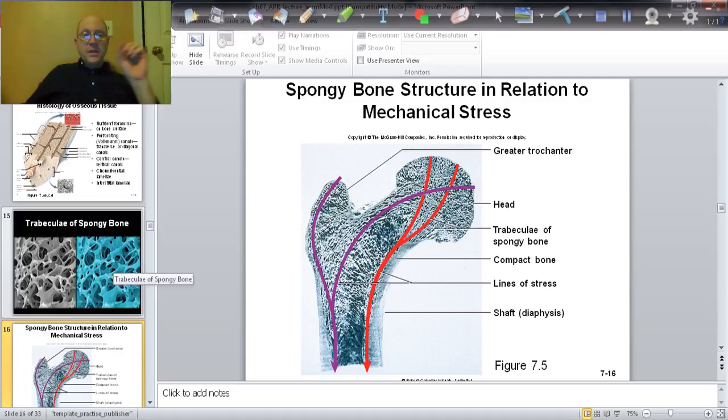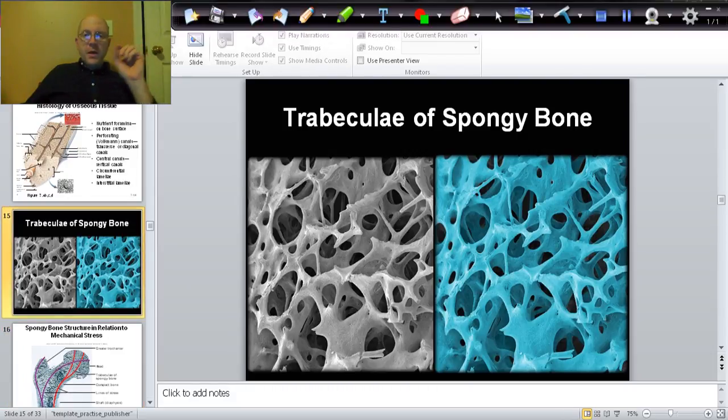Spicules tend to be more cylindrical bars of bone, whereas trabeculae tend to be more like wider plates. So let's just enlarge that one. This would be one spicule right here, and here would be another spicule. But a trabecula generally is a broader plate of bone, even if it does have holes in it. So spicules and trabeculae.